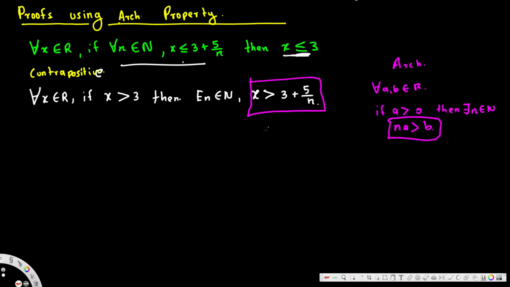So we just have to grab the inequality with this n and arrange it in this format. If you arrange it, this is going to be x minus 3, and this n multiplies right here, and that is greater than 5.